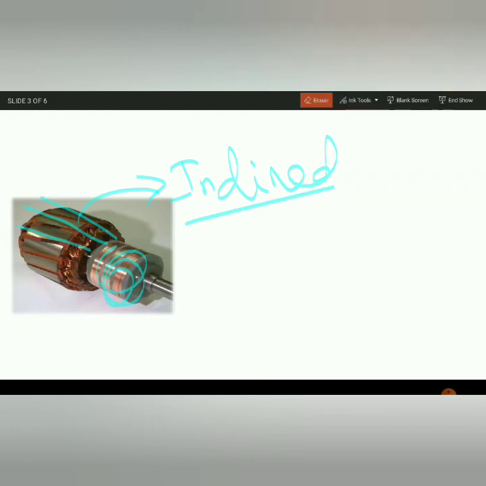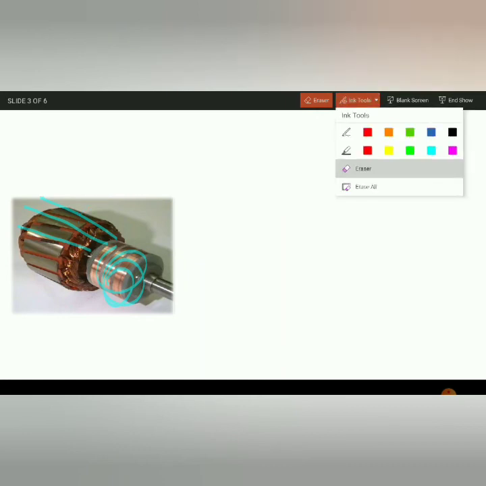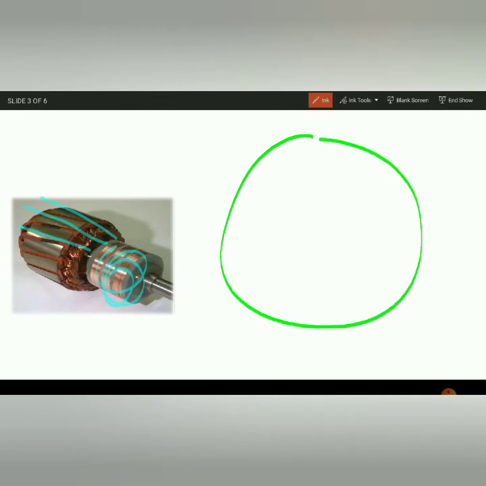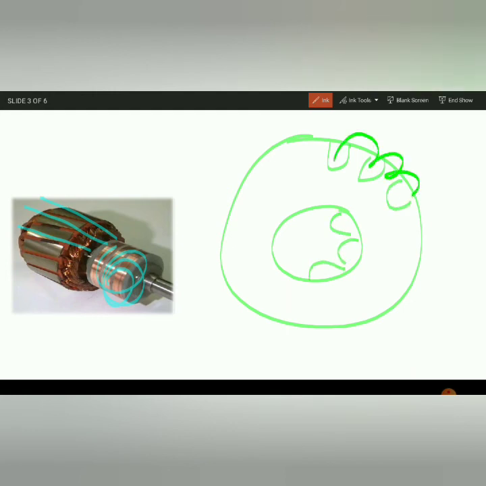Even in laboratories, in viva, the external examiner may ask you this question. We have a stator and a rotor. The stator has slots, and the rotor also has slots. The stator carries a winding, and the rotor also carries a winding.